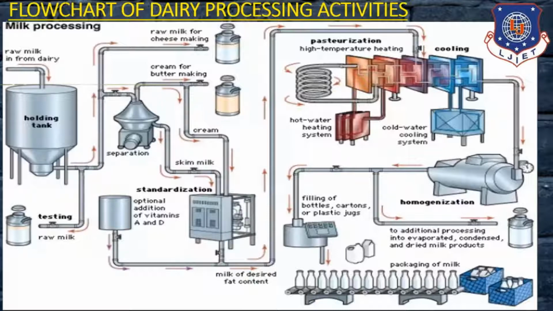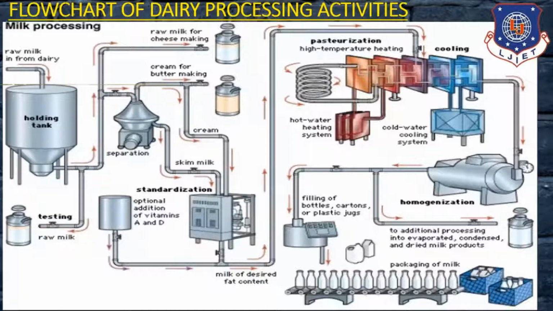So you can see, first of all, the milk processing: raw milk from the dairy is entered into this tank. Then from this tank the raw milk is first tested, and some raw milk is used for cheese making, some is used for butter making, and the remaining milk, skim milk, is used for the standardization process.